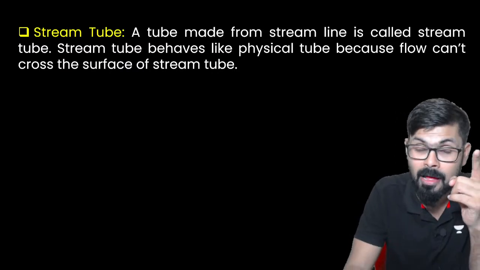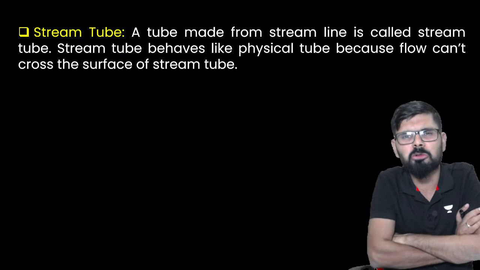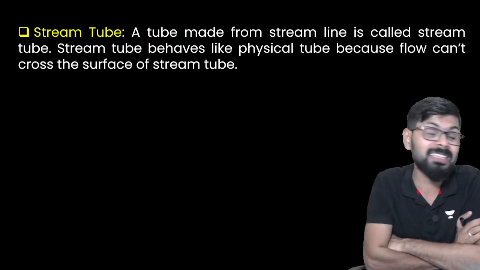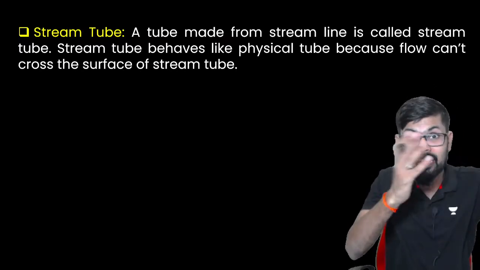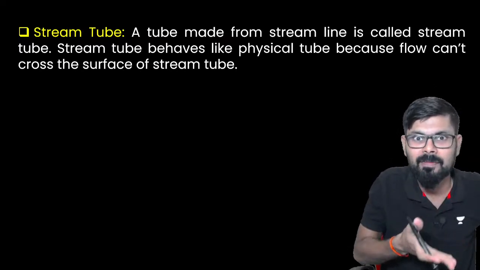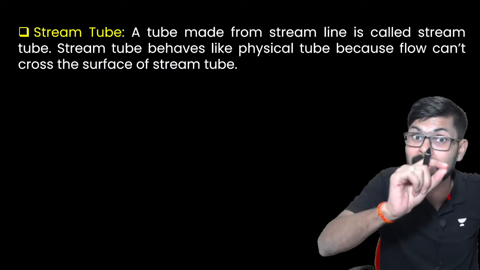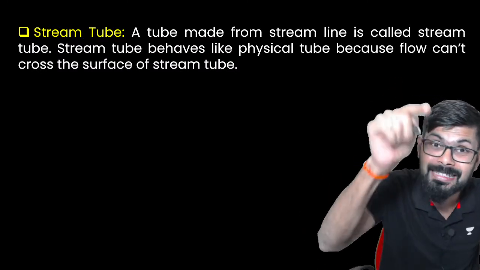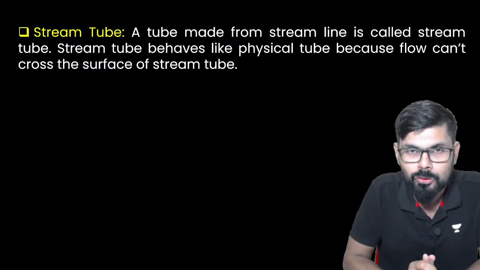Please try to understand. Sir, how can it not change? That is an instantaneous line. Sir, if it is unsteady flow, then every single second the streamline will change. A streamline is going to be fixed only for steady flow. This is not getting into your head. You are getting my point now.